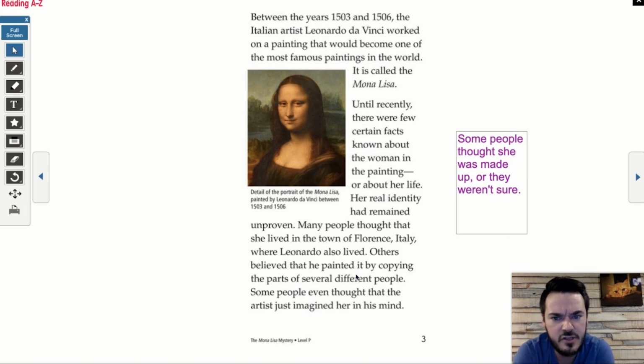Many people thought that she lived in the town of Florence, Italy, where Leonardo also lived. Others believed that he painted it by copying the parts of several different people. Some people even thought that the artist just imagined her in his mind. So going back to my question, seems like some people thought she was made up, or they just weren't sure.